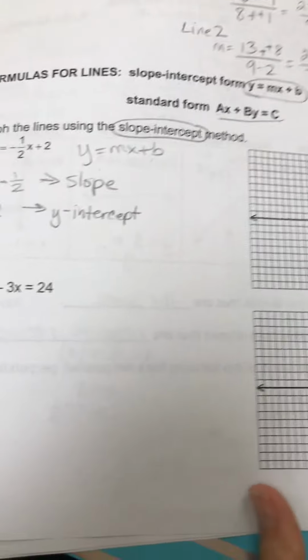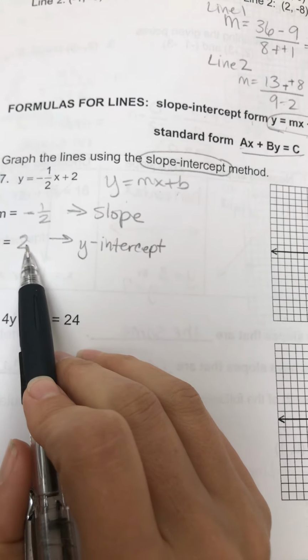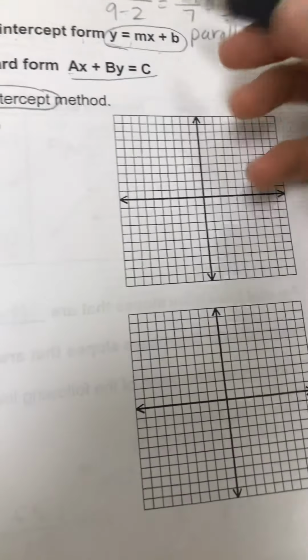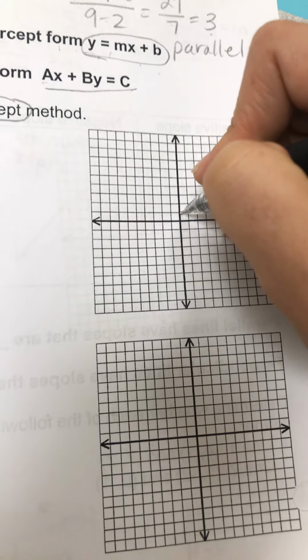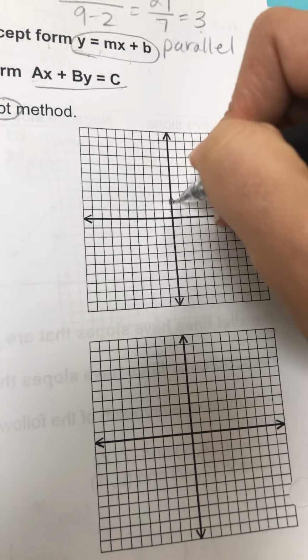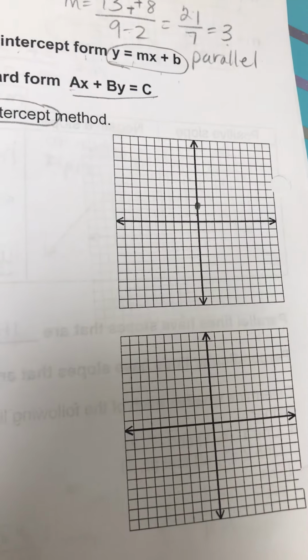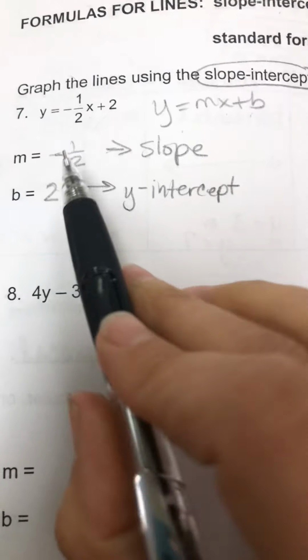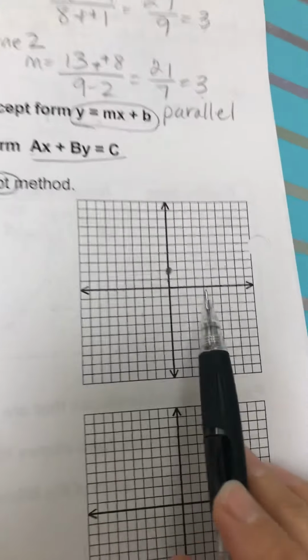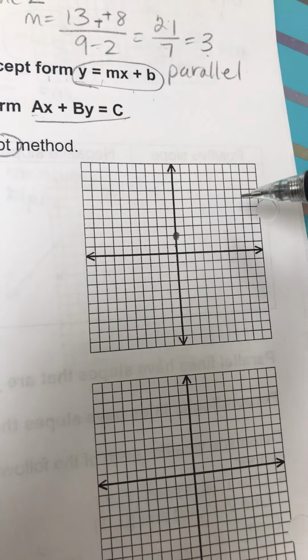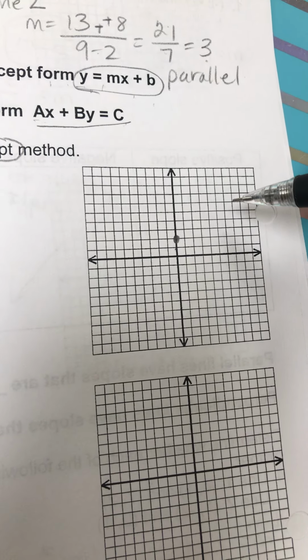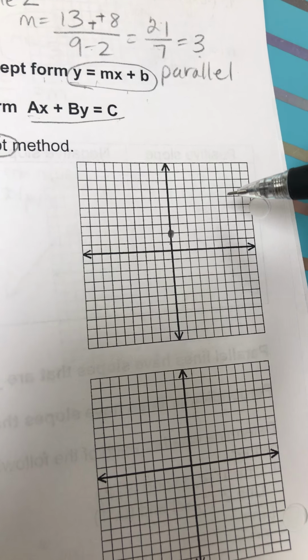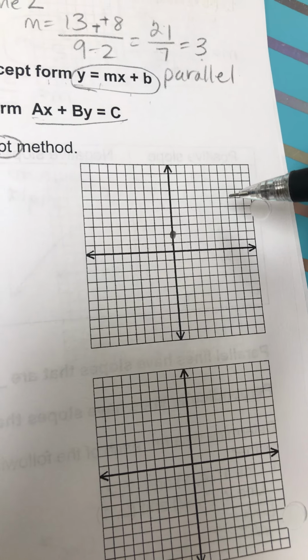Okay, so we're going to go back over here, and we've got this. The y-intercept is 2. So you're going to come over here on your y-axis, and you're going to go up 2 and plot your point. And now we have our slope is negative 1/2. So we're going to come back over to our graph, and remember we said negative was down. It was to the right and down.